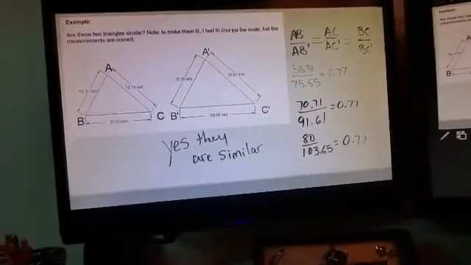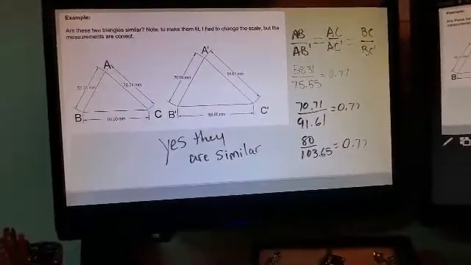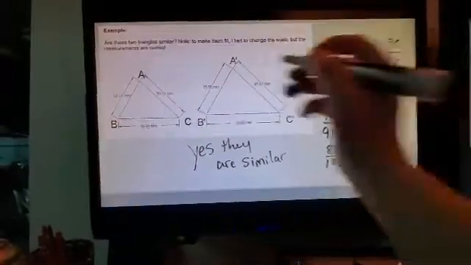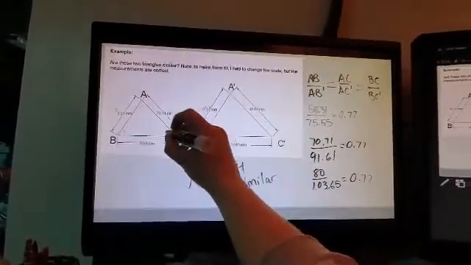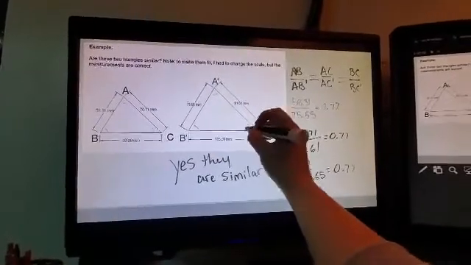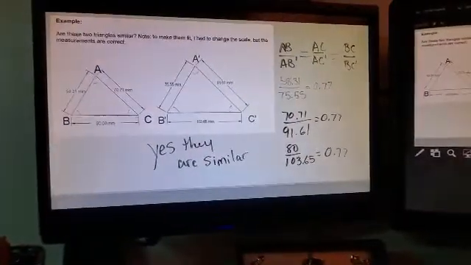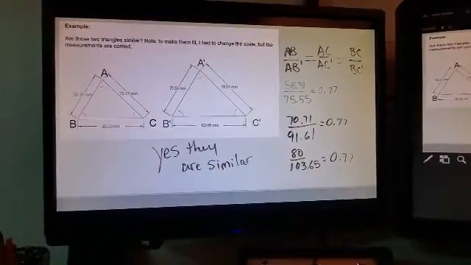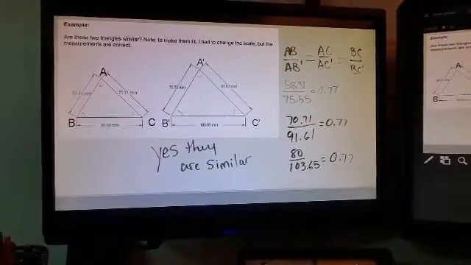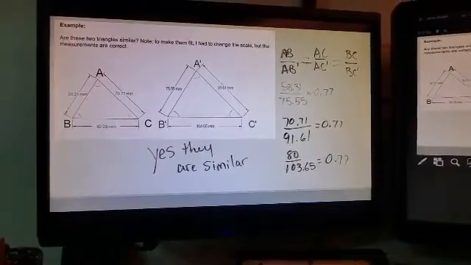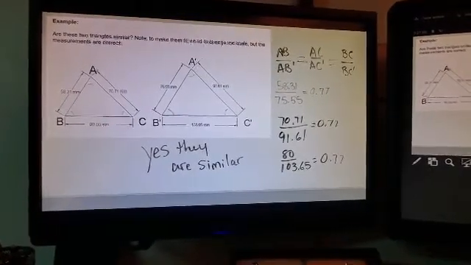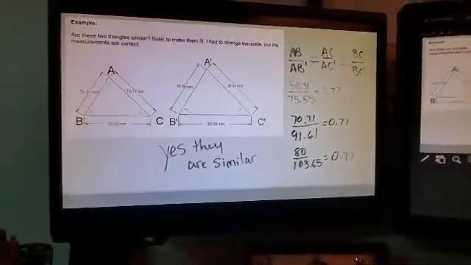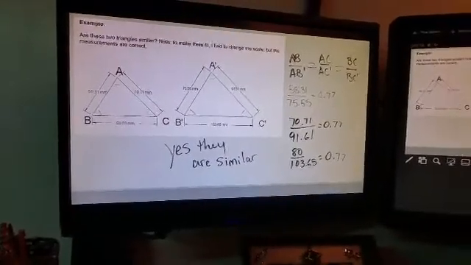So another way we could say they were similar is if we were to take a protractor and measure each angle here. But because we know all the side lengths, we know that the two triangles are similar. If I just gave you angles, then you could compare the angle ratios, or if the angles are the same.